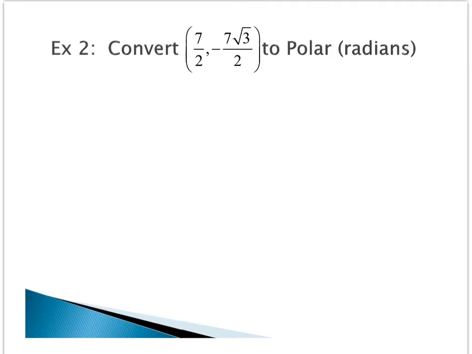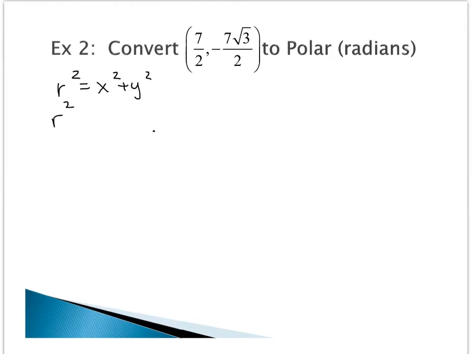Going the other way, from rectangular into polar, we are going to use our formula that r squared is equal to x squared plus y squared. Now, as you look at this problem, the x and the y values are rather complicated looking, and doing the Pythagorean theorem on them is going to be a little bit messy. However, we can handle it.